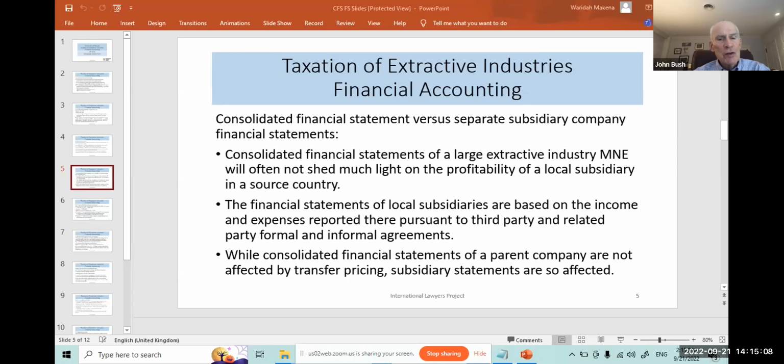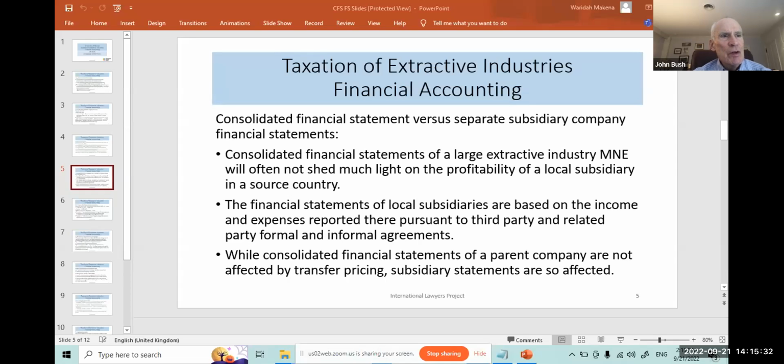And they're considerably different than the consolidated statements of the parent company. So the parent company has not only the statements of what it does in its resident jurisdiction, but it also picks up and consolidates the statements of all of its subsidiaries worldwide.